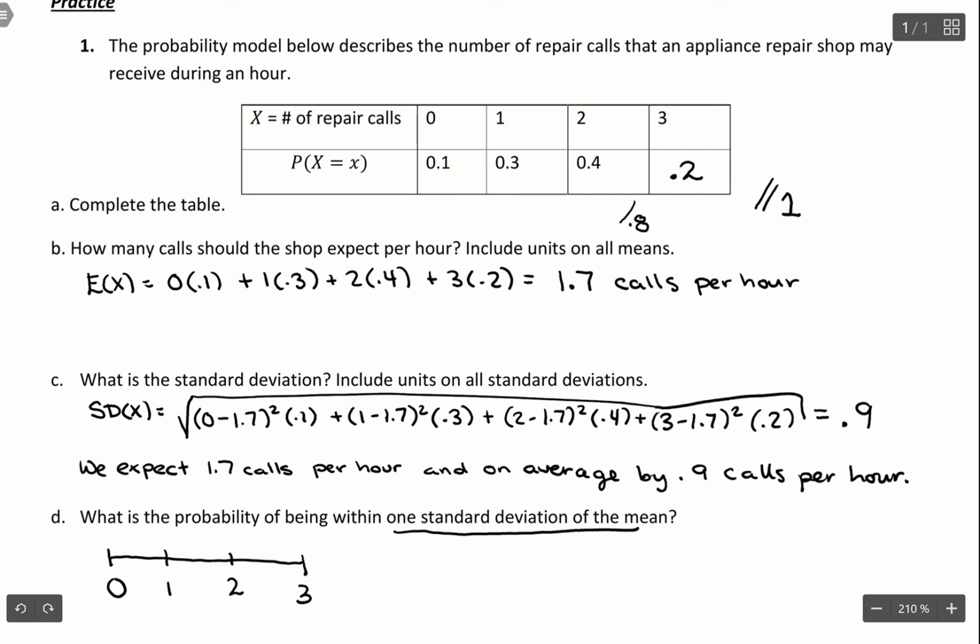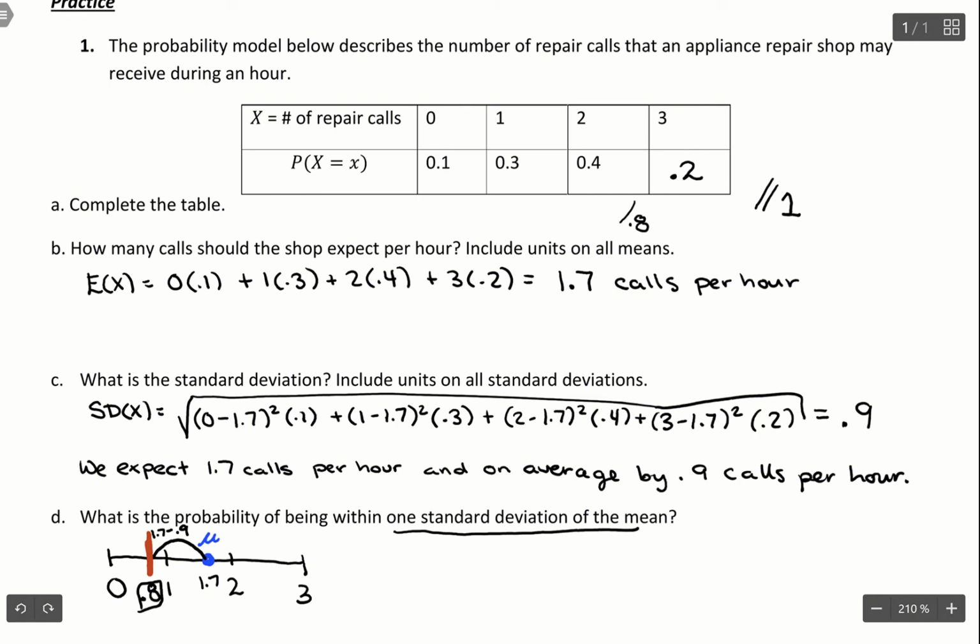Now our mean is landing at 1.7. So in terms of this number line, there's our expected value. Then we want to go 1 standard deviation below, 1 standard deviation above. So our distance for 1 standard deviation is that 0.9. So we want to go a distance of 0.9 below. So basically we're taking 1.7 and then take away that 0.9. And that's going to create this lower barrier for being 1 standard deviation below, and that's landing at 0.8.